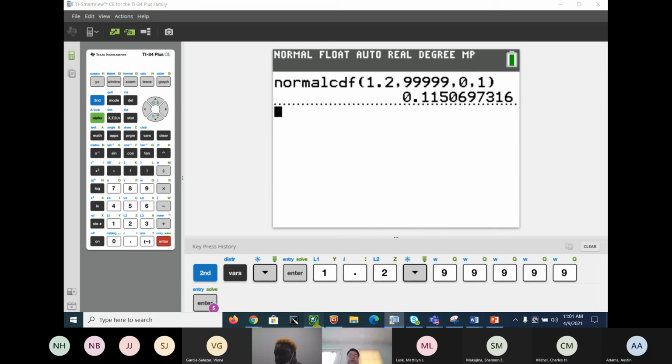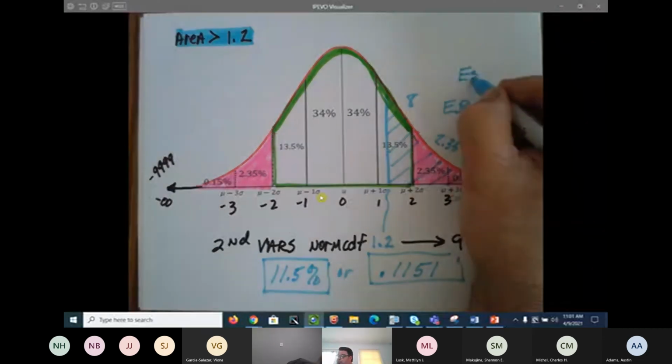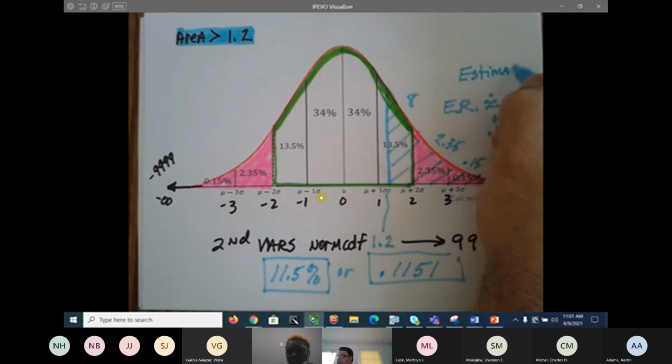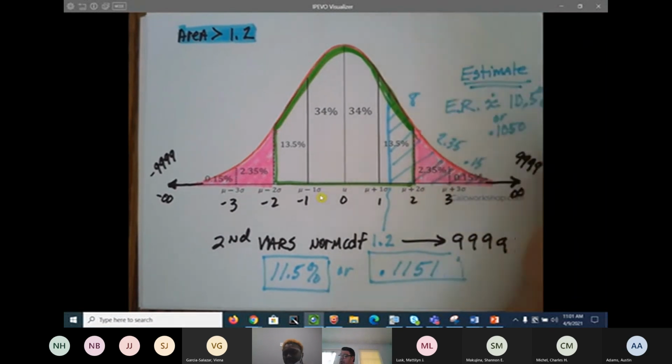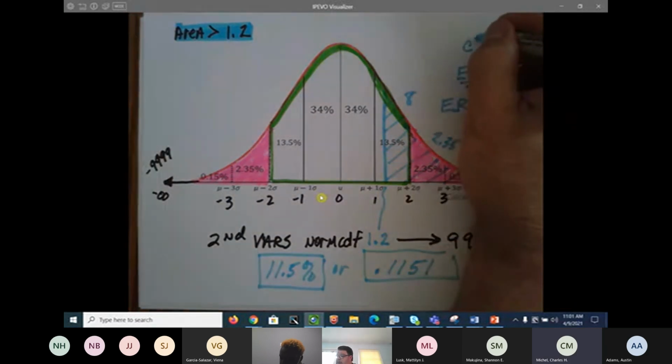Now, why do you do an estimate? Somebody tell me, why do you do an estimate with the empirical rule? You can't say exact, right? Well, why do you do it? If it's not exact, why do you do it? To give you like a rough estimate where it should be.